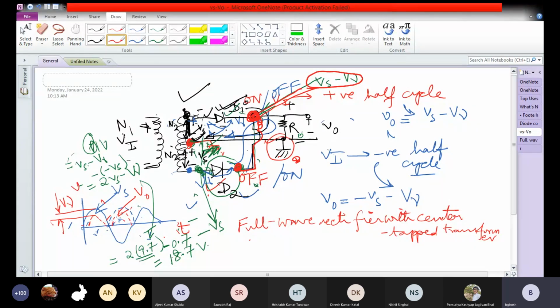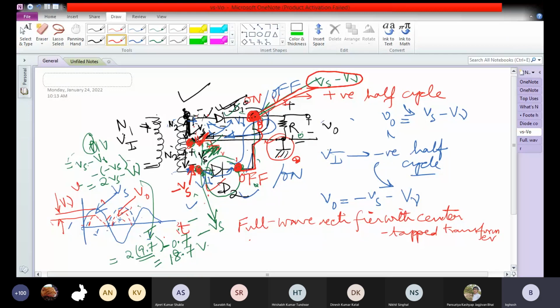So therefore, in this case, the voltage on the P side of D1 is plus Vs. This point of the transformer is at ground. So therefore, the voltage here when the peak appears is minus Vs. So the voltage on the P side of D2 here is minus Vs.